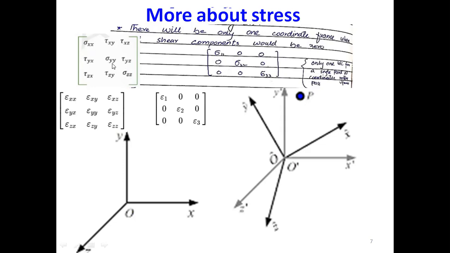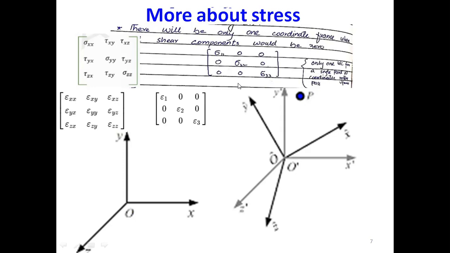We would have only values for the normal strains here and normal stresses here, and all the remaining values, that is shear stress, would disappear, and here we would have zero. This matrix would turn like this. We would have only values along the diagonal, only values for the normal stress. All the shear stress components would be zero.